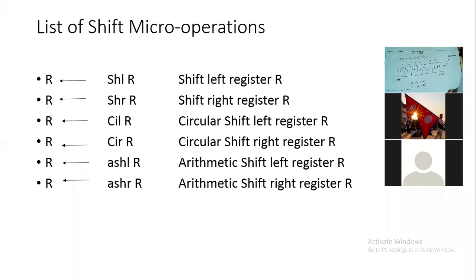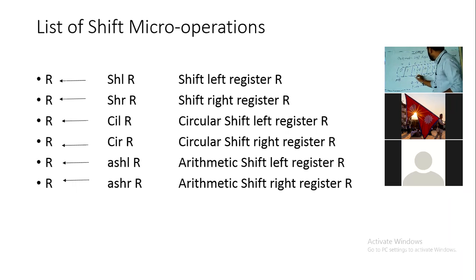Okay. So arithmetic shift is a little bit difficult. How do we perform arithmetic shift right in arithmetic micro operation? Listen carefully. If we want to perform a shift right operation, all the bits move to the right by 1 bit, and the first bit is out from the register and discarded.